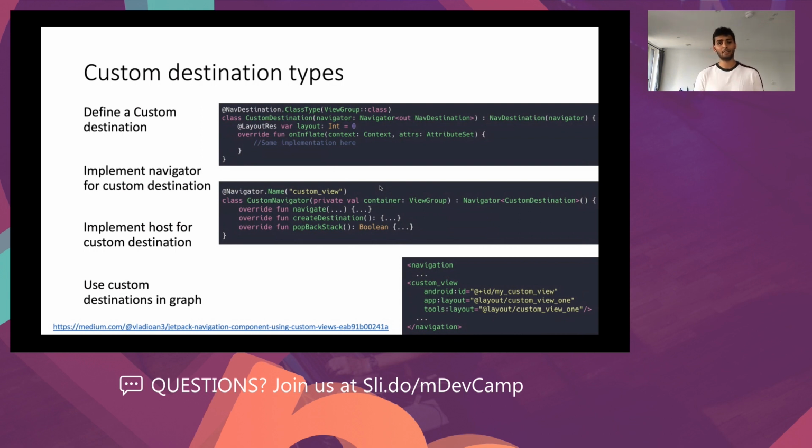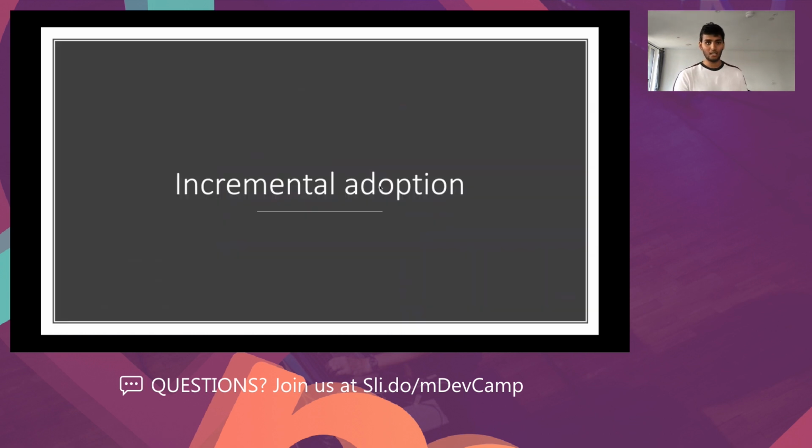And once you do those three things, you can use custom destinations in your graph just like fragments or activities. There's a Medium post which talks more about this in detail, so I encourage you to explore it if you want to use custom destinations.